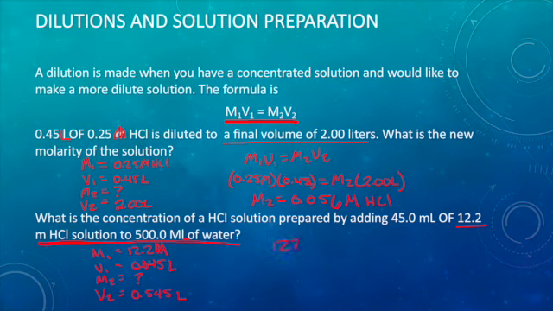So we have 12.2 molar times 0.045 liters is equal to M2 times 0.545 liters. So again, we're solving for M2. This time you get 0.99 molar HCl.